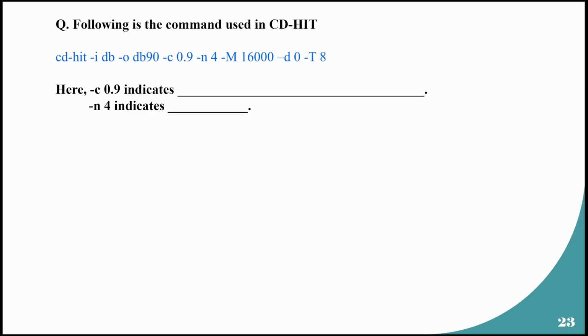So in this particular question, it is asking what does minus c and minus n indicate in this particular CD-HIT command. So we just talked about a different variation of this type of command, right? So what does minus c indicate and what does minus n 4 indicate in this case?